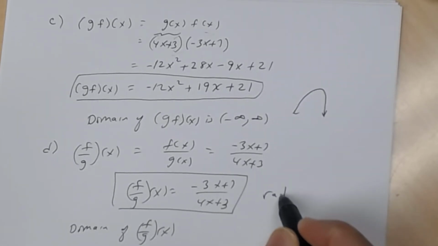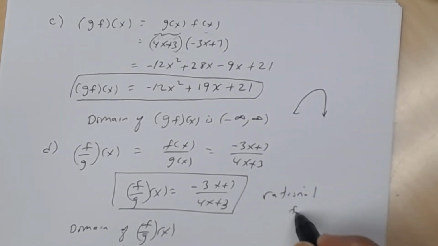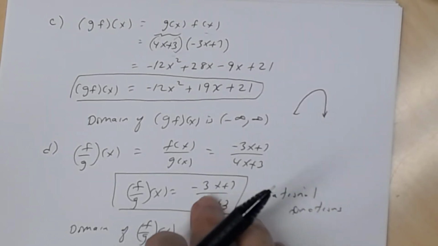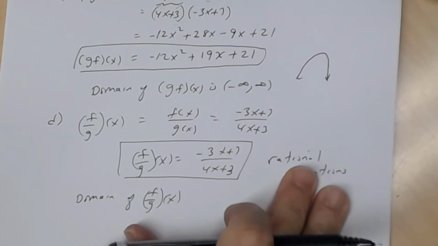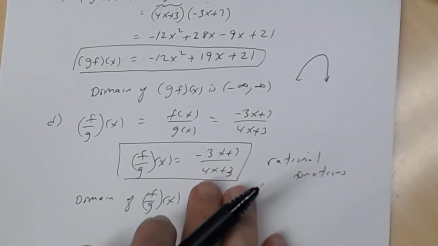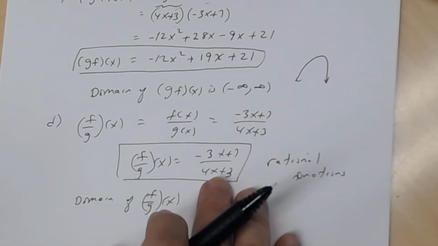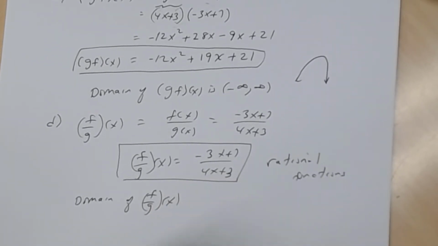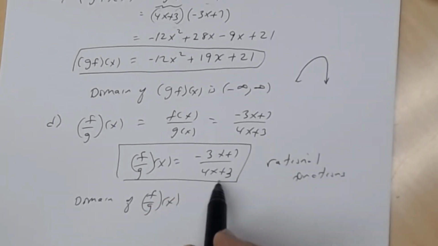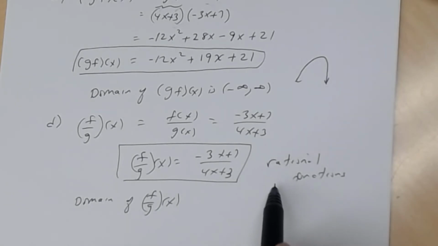That's a rational function. And remember, when we talked about rational functions, we saw that in a rational function, our denominator cannot be 0. So now we have to talk about, well, since I have a rational function, this function is going to have restrictions. The domain is not all real numbers in this particular case. Now, it could be all real numbers, but in this case, it's not. And the reason is this. You remember when we talked about rational functions in that lesson previously?